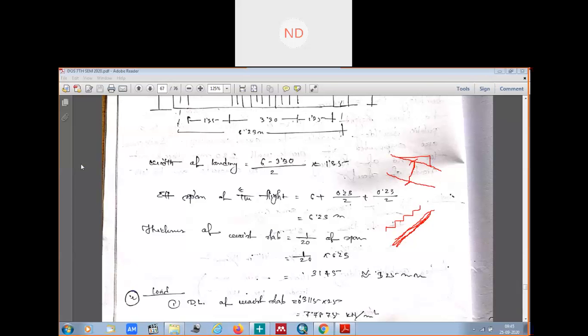We know our tread was 300 and your riser was 150. The thickness we got is 311.5. Since we are designing, we can take it a bit more, no problem. Either 325 we can take, or if you want, 320 also. That is depending upon you. But after calculating, we got the thickness of the waist slab to be minimum 0.3115 meter.